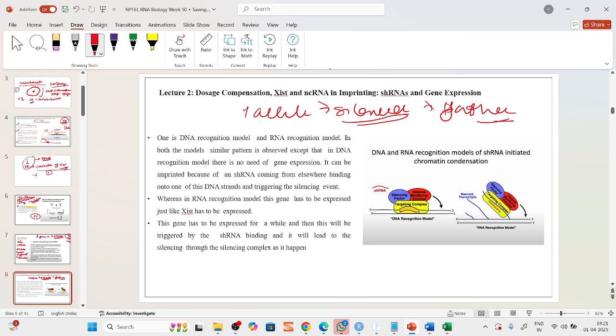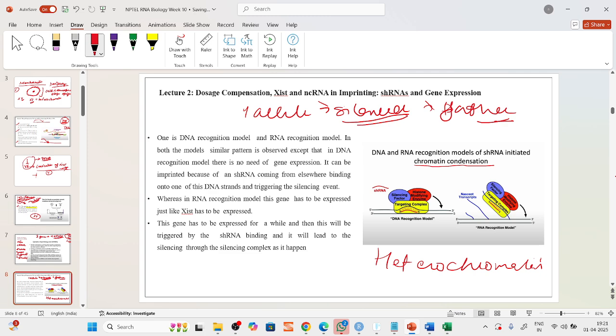The chromatin has to be converted into a heterochromatin state. Silenced chromatin is always a heterochromatin. And what is the characteristic of a heterochromatin? That the chromatin is condensed. This is the property of heterochromatin, that chromatin is condensed.